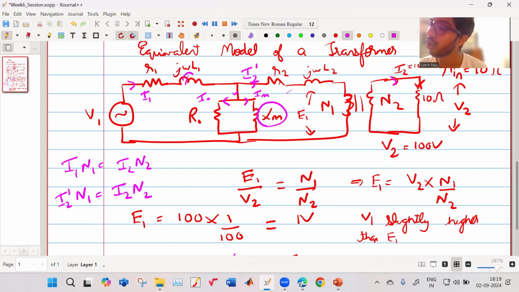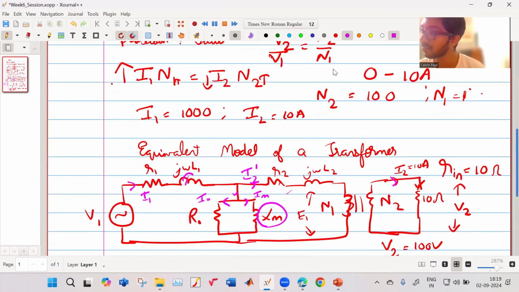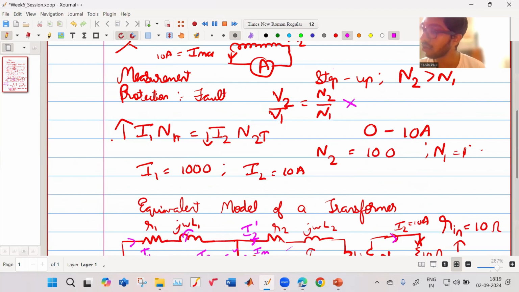All these drops are the non-idealities. Because of these non-idealities, this relation is not practically possible, neither is that relation. So what is causing the deviation? What is causing the deviation is this.